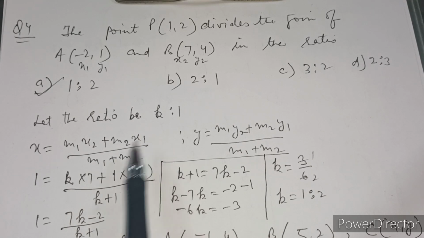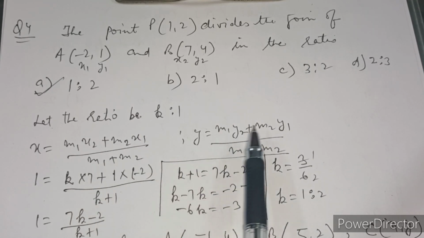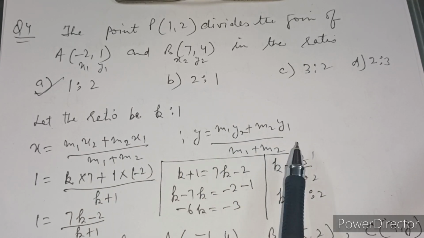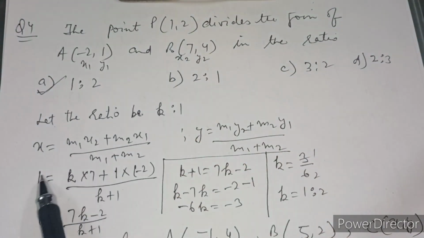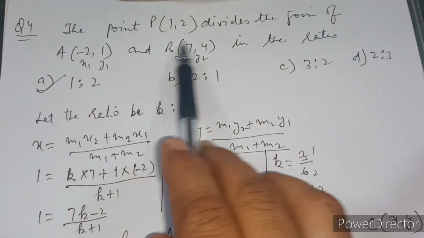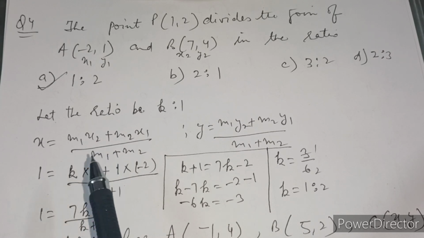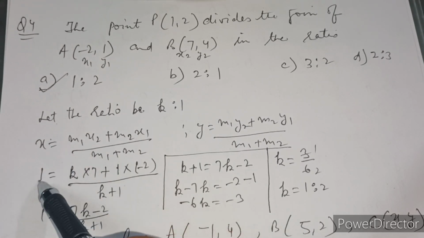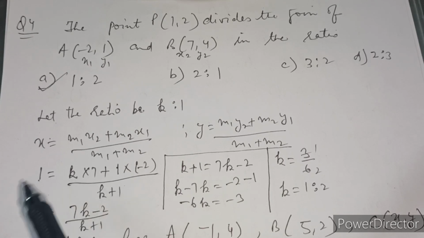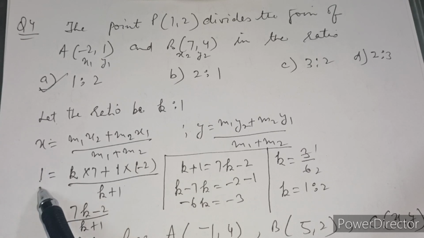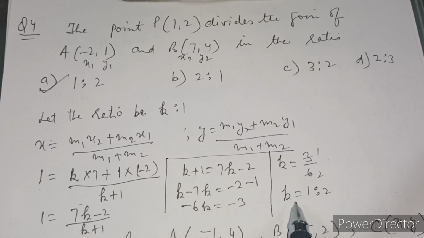m1 x2 plus m2 x1 upon m1 plus m2, m1 y2 plus m2 y1 upon m1 plus m2. Now because the coordinates of this x and y are already given to us, (1, 2), the point which divides. Okay, so I'll put here x equal to 1, and you will get to know that with the help of one coordinate itself, means x equal to 1, we will be able to get the value of k.